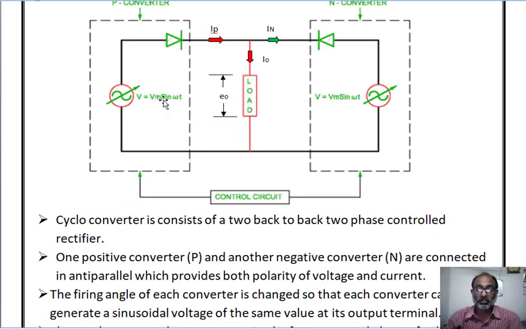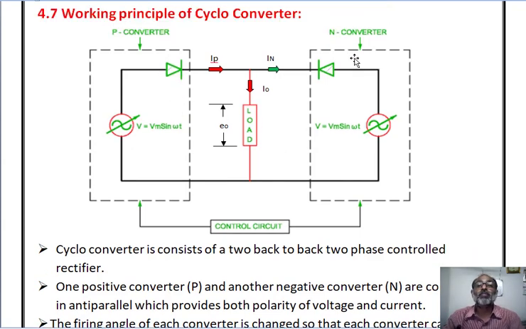It is most important: the converter can be controlled from 0 degree to 360 degree, that means it can operate at any angle between 0 degree and 360 degree. Both converters, P converter and N converter, have unidirectional conducting property.